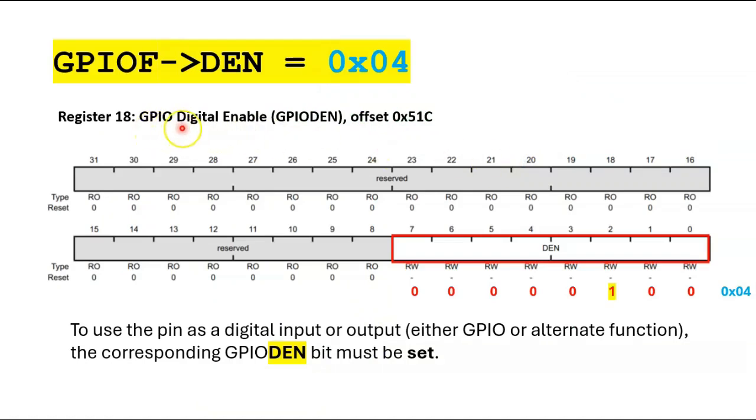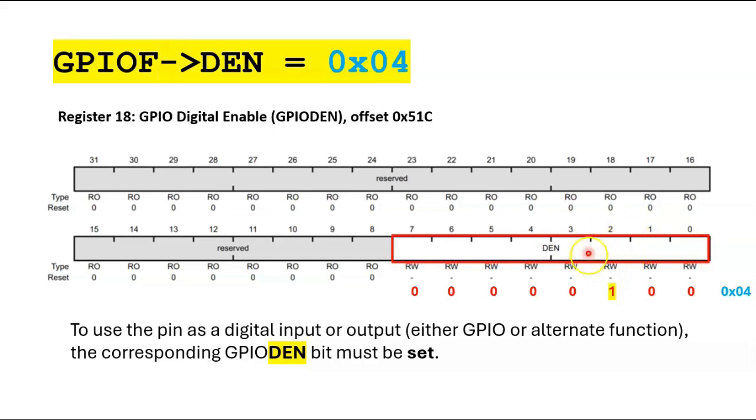This is the GPIO digital enable register, or the GPIO DEN register. To use the pin, especially this one of interest to us, as a digital input or output, the corresponding pin must be set.